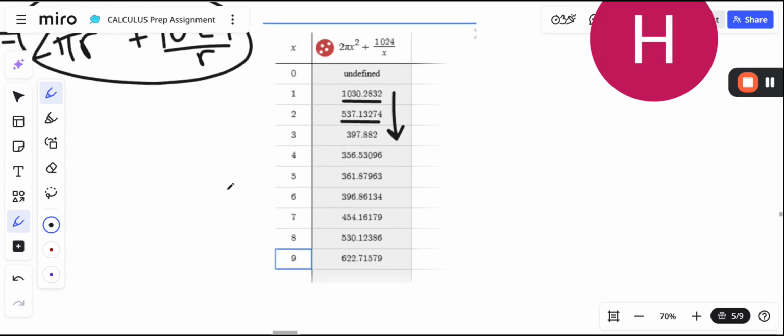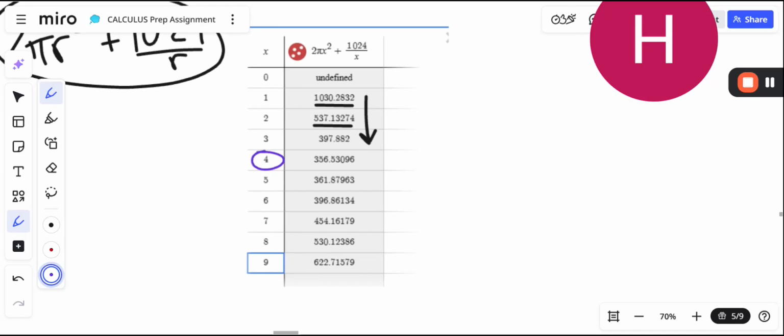It seems to reach a lowest point here at 4, but that doesn't perfectly look like the lowest value because we have some decimals here. So maybe we'll want to check some values that are near 4, like 3.8 and 4.1.